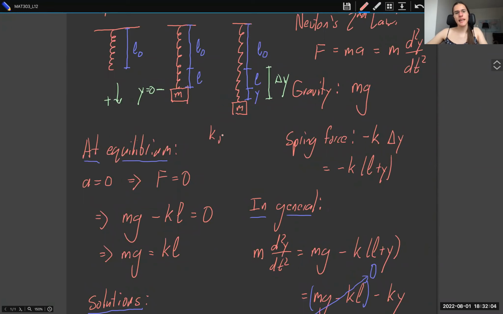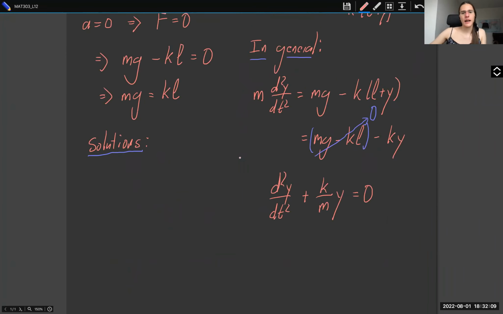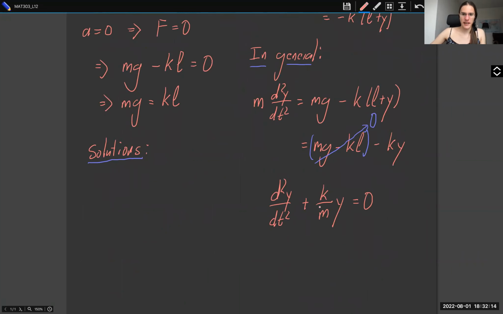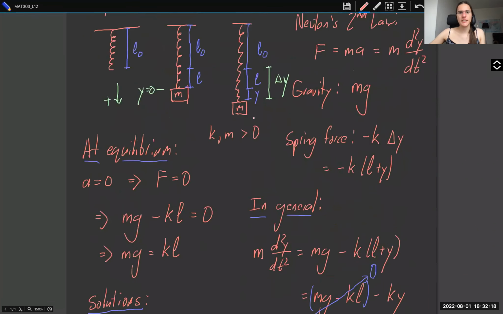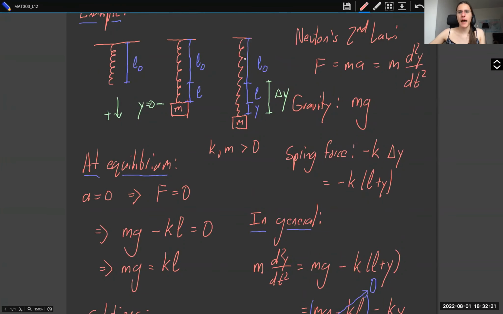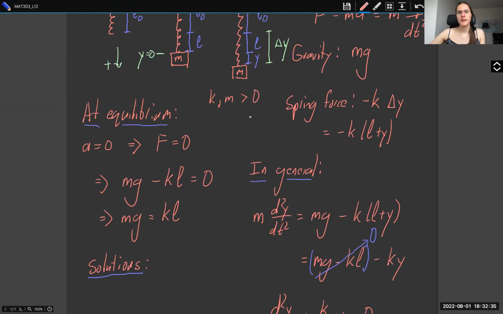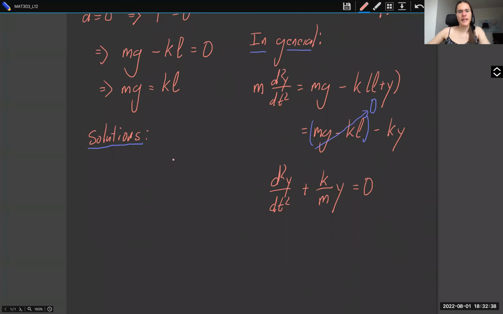In this case, let's say k and m are both strictly greater than 0. That's what we want. Because we get different solutions in the case where k equals 0. Then the spring wouldn't matter. If the spring constant were 0, then we could imagine the spring was just not there. Anyway, k is greater than 0.